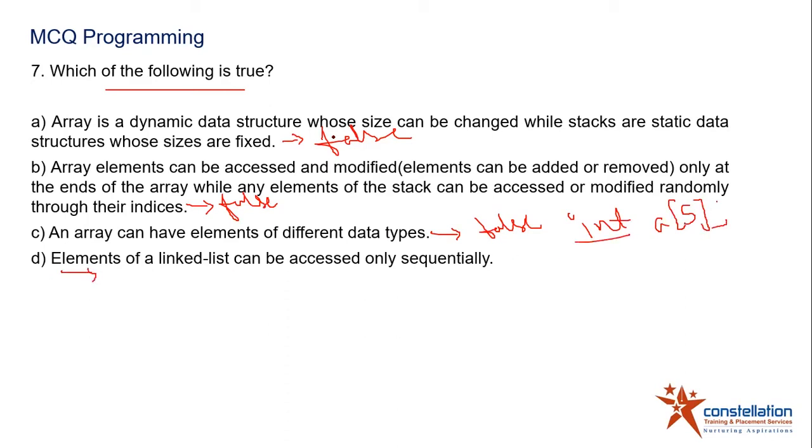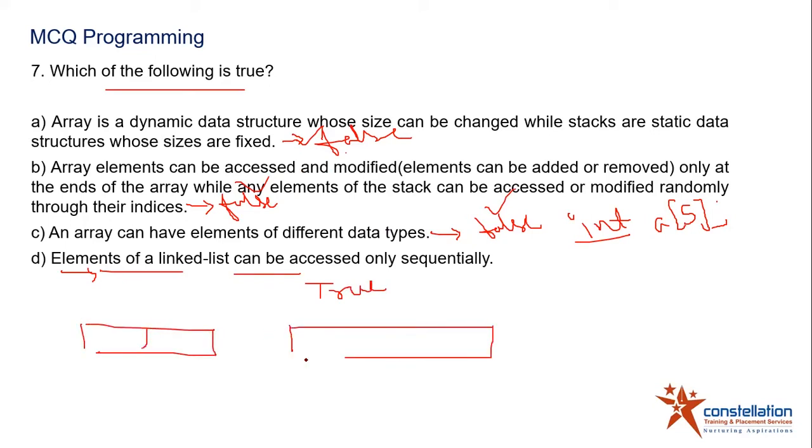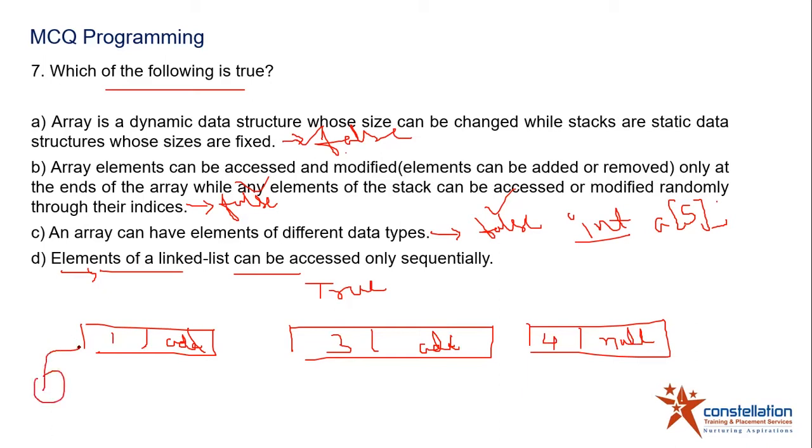Okay, the last one. By default it is going to be true because the first one is false, the second one is false, the third one is false. But look into it: elements of a linked list can be accessed only sequentially, and this is absolutely true, right? Reason being, when you declare a linked list, let's suppose we have one over here, this is having the address, this is having three, this is having the address, this is having four, this is having, let's suppose, null because it is not pointing to anyone, and then you have a node parent which is pointing to this.